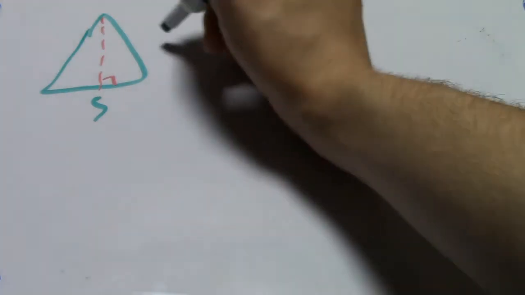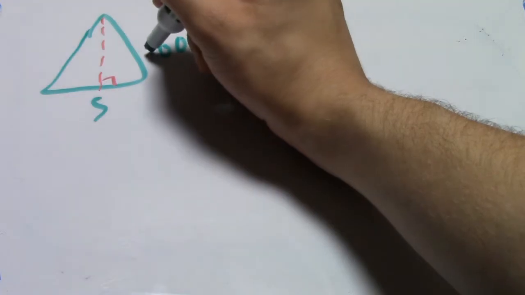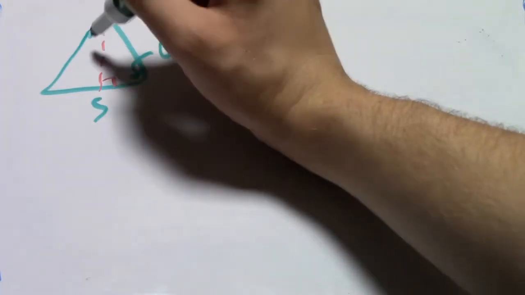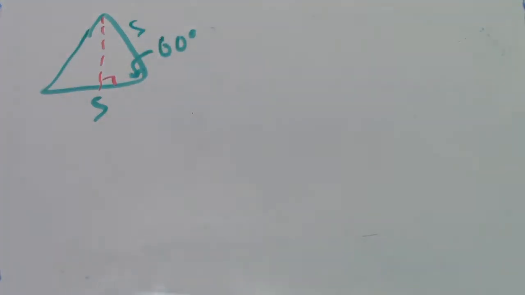Now, the equation for the area of a triangle is 1/2 base times height. Well, we know the base, we just need to find the height. Now, I'm going to tell you a very poorly kept secret about equilateral triangles, and that is that each of these angles is 60 degrees. And also for equilateral triangles, because it's equilateral, this is also S.